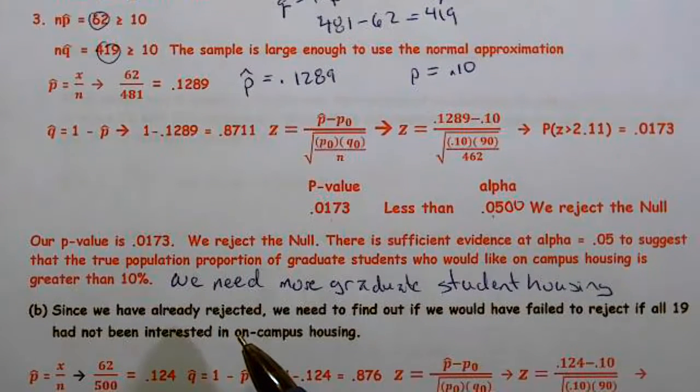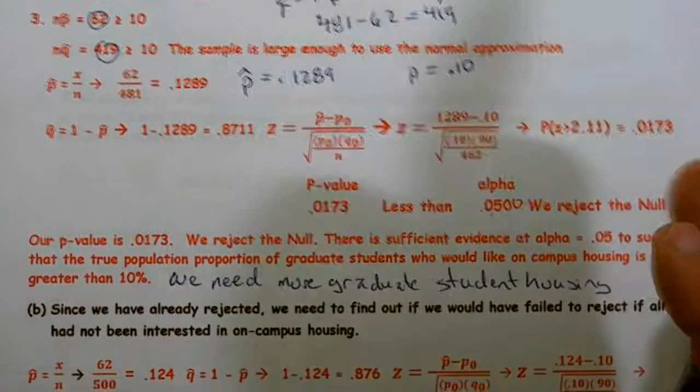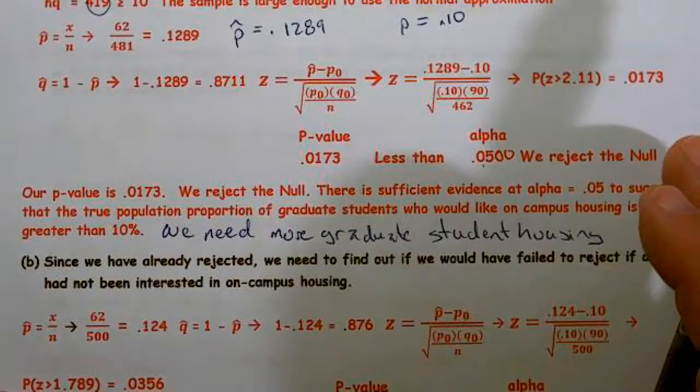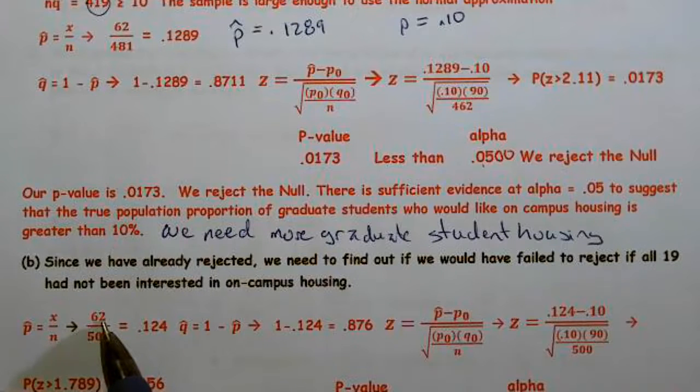But what if these 19 had responded, and obviously they didn't care enough to respond, so they're probably happy with the situation. What if they were not interested in on-campus housing? Well, at that point, we still have the original 62 who want graduate housing, but now our denominator is 500.